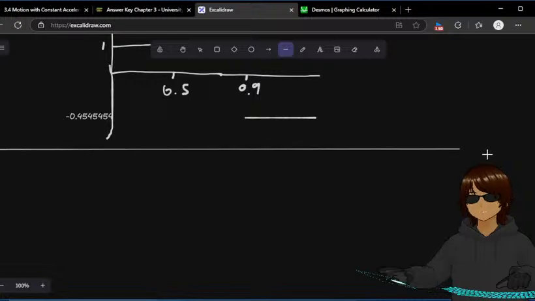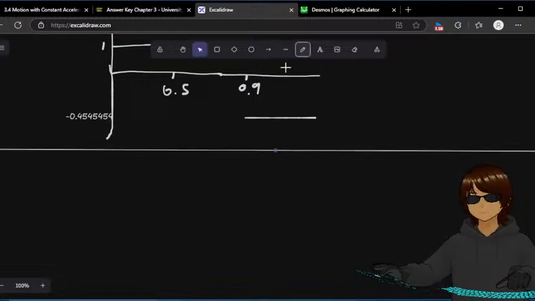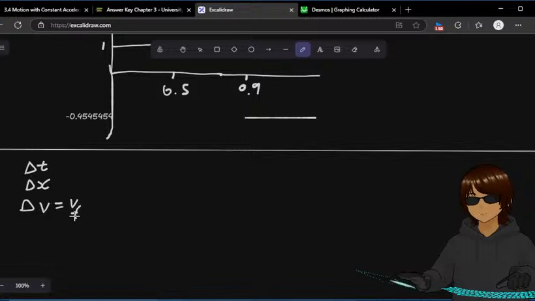Okay, I'm gonna guess what they're going to do. So they have delta t, delta x, delta v. V, let's say v minus u, so v is final velocity, x1 minus x naught.